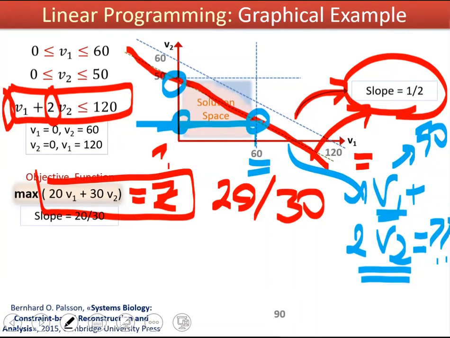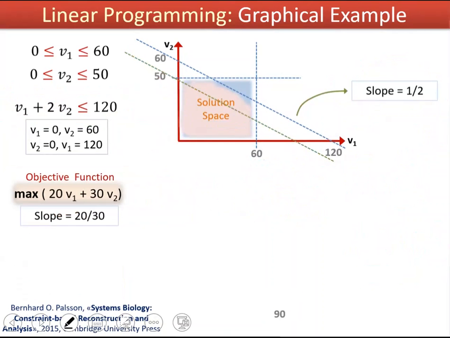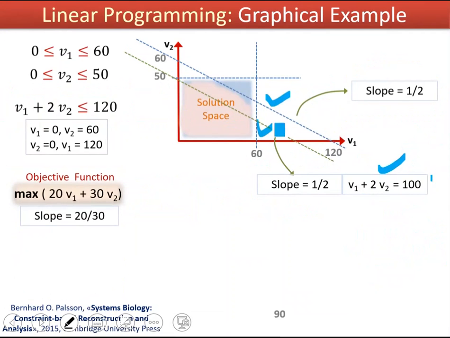So I won't go into details, but with a simple calculation, you will see that this line is equal to 100. V1 plus 2V2 equals 100. So these are two lines with the same slopes, but their values are different.